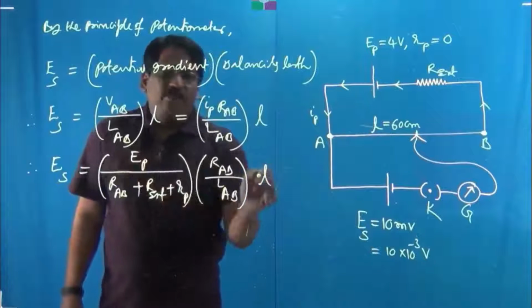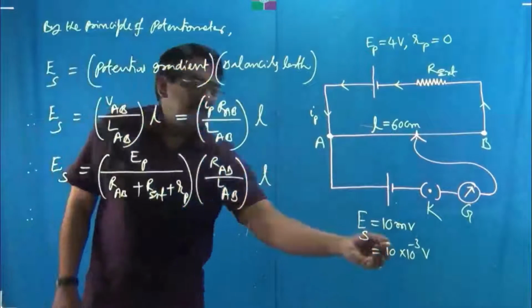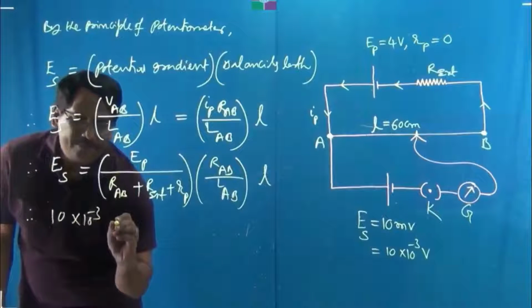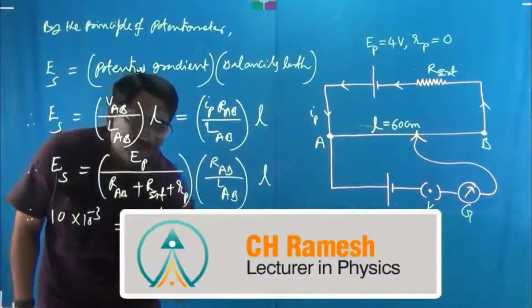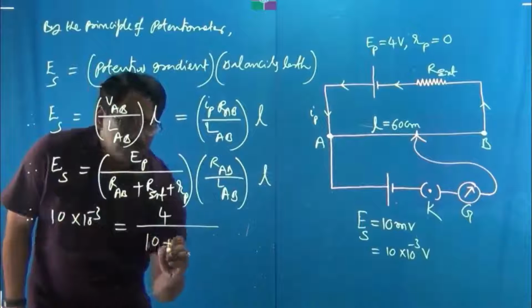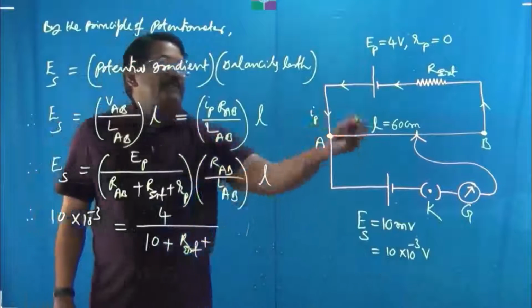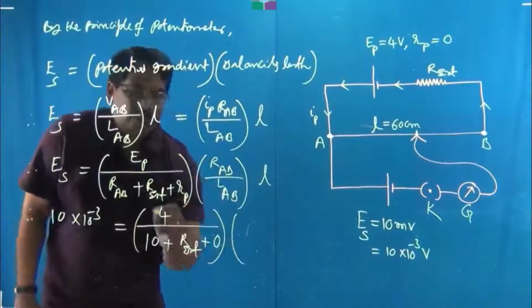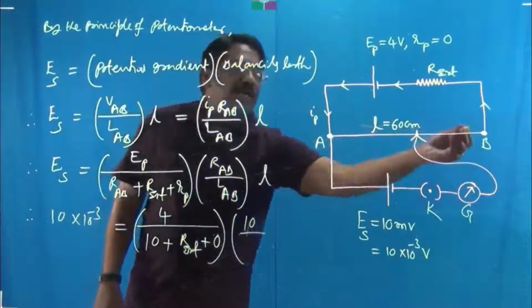Now, after having this formula with us, we can go for substitution. What is the EMF in the secondary circuit? 10 millivolts, that is 10 into 10 power minus 3. This is equal to: what is E primary? 4 volts, divided by R of the wire AB, which is given as 10 ohms, plus R external, which is to be determined by us, plus the internal resistance of the cell, which is 0, into, again, R of AB is 10 divided by the length of the wire, given as 200 centimeters.